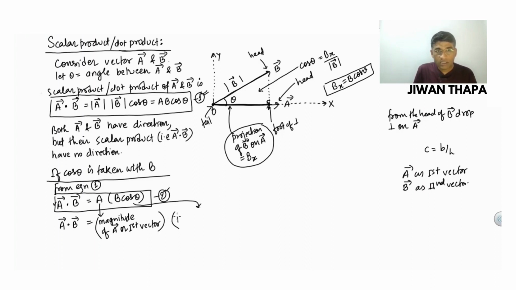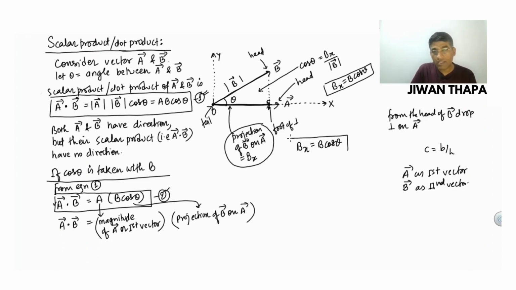This is the projection of vector b on vector a, and we know bx equals b cos theta.